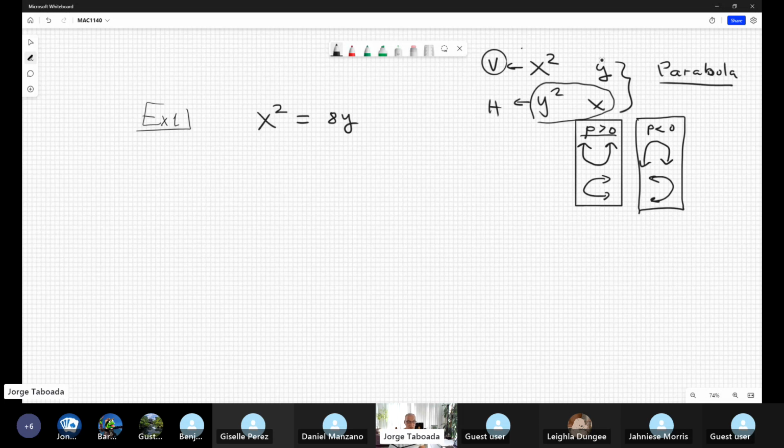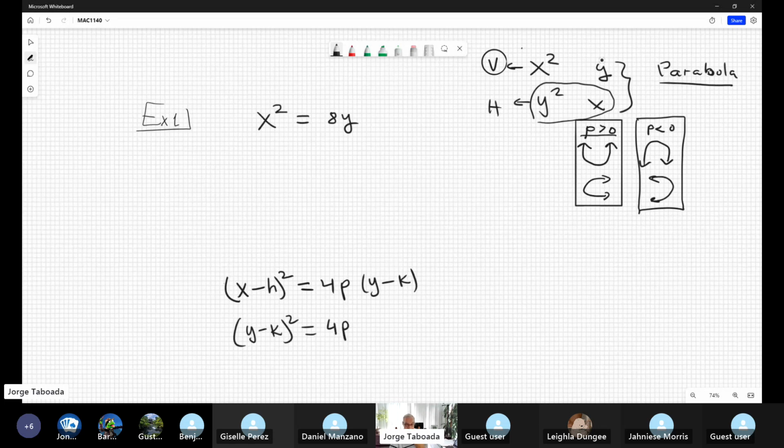Now we have no translation. So in general, our equation looks like that. Look, let me show you. (x minus h) squared equals 4p (y minus k). Do you understand now the reason for the 4p? It's one possibility. Another possibility is (y minus k) squared equals 4p (x minus h).